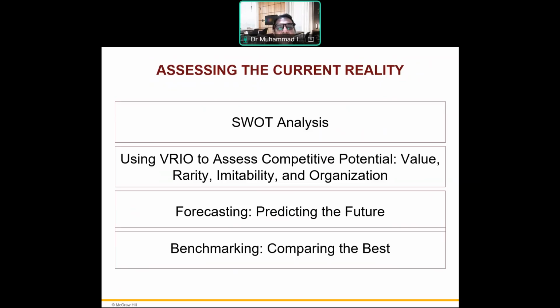Let's discuss one by one. Here is the SWOT analysis. Then VRIO; some people say Viro, and some people simply say VRIO, to assess competitive potential or competitive status. Then forecasting, predicting the future, and benchmarking, comparing with the best one. So I will discuss them one by one.